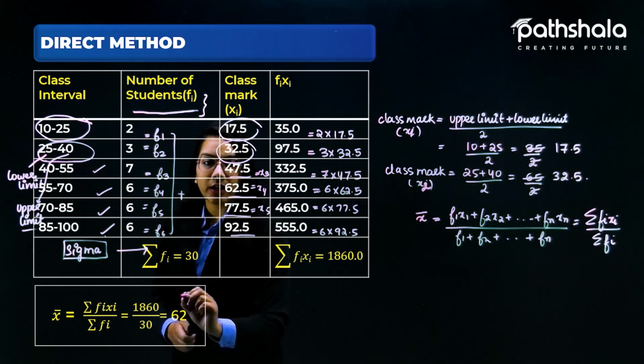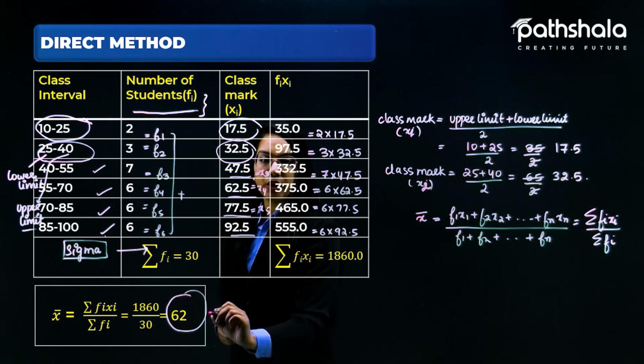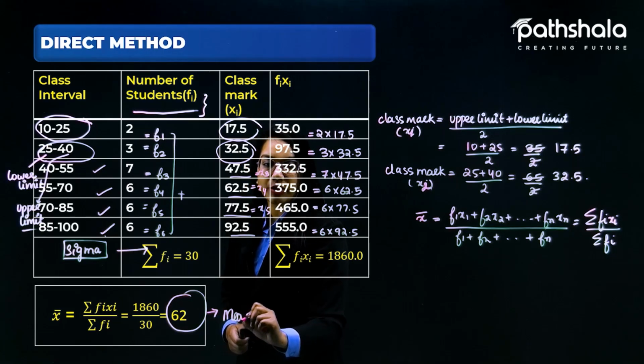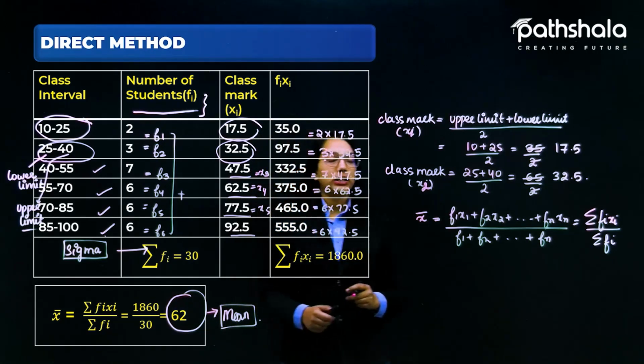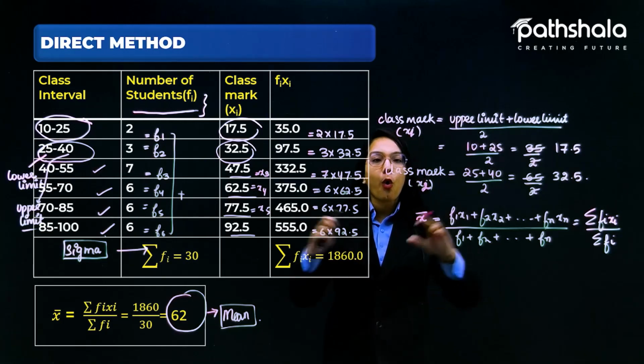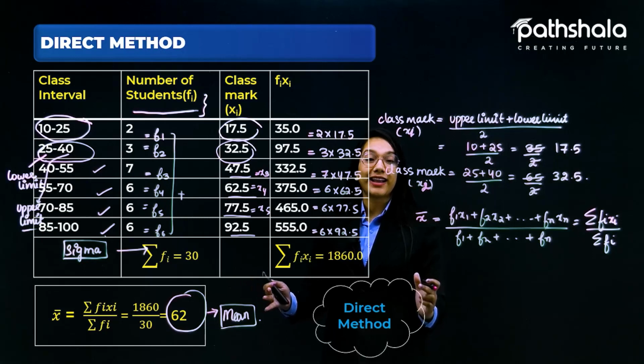So at the end we get the mean of this particular grouped data as 62. So this whole method is called the direct method.